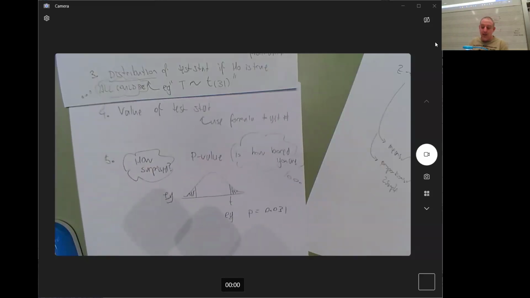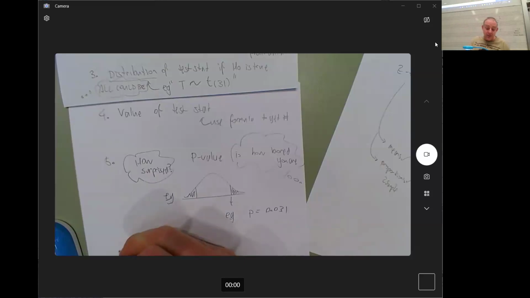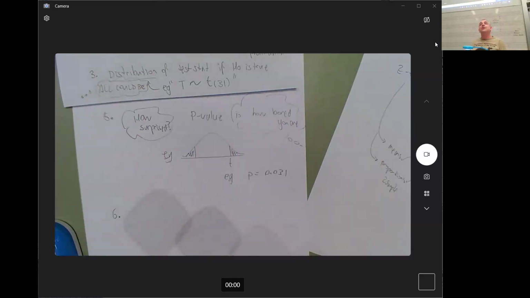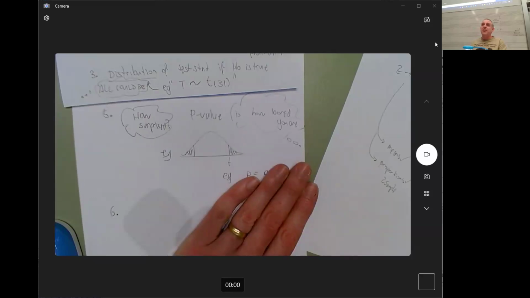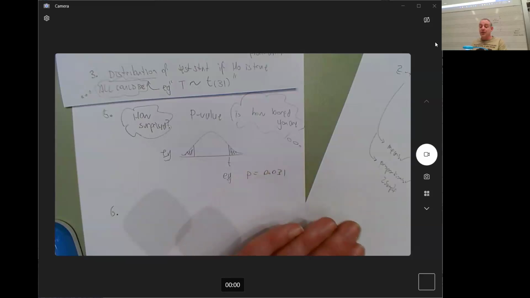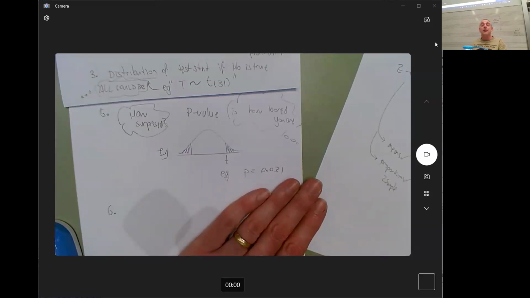The last step is to decide your answer to your question, because the whole point was to decide yes or no. The lower this number is, the less bored you are and the more surprised you are. If this number is very low, you declare, whoa, I'm really surprised, so I don't believe that the null hypothesis is true.